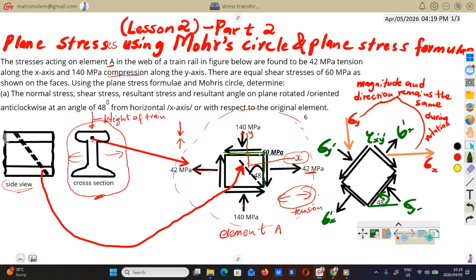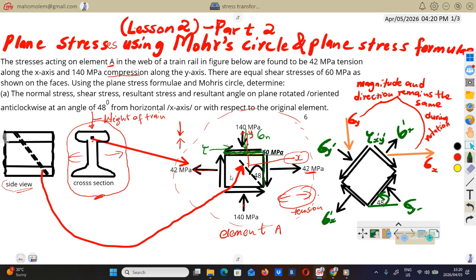We are going to find the stresses that act along this green plane. Along it we have two stresses. The stress that acts parallel to this plane we call the shear stress, and the stress that acts perpendicular to this plane we call the normal stress.